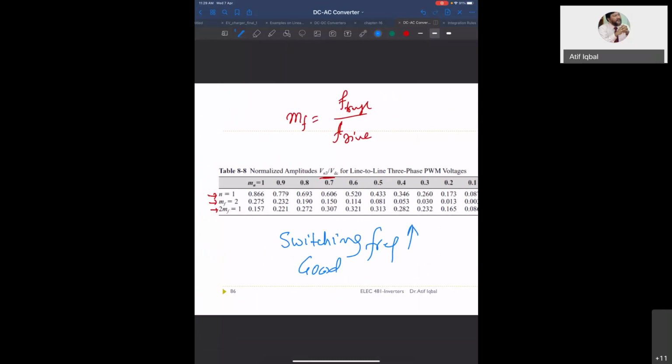But we get the good waveform at the expense of high switching losses, because when you increase the switching frequency, the device turns on and off many times. So that causes loss and hence poor efficiency. You get one better thing, better quality output, but the switching losses will increase.